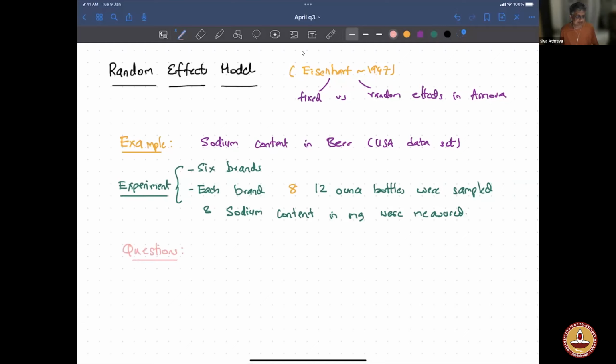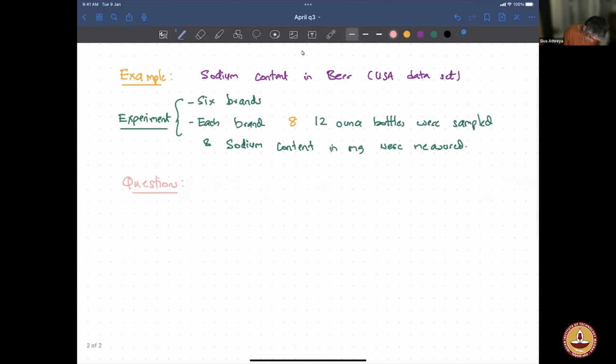The first question is: what is the expected value of sodium content for a given beer brand?